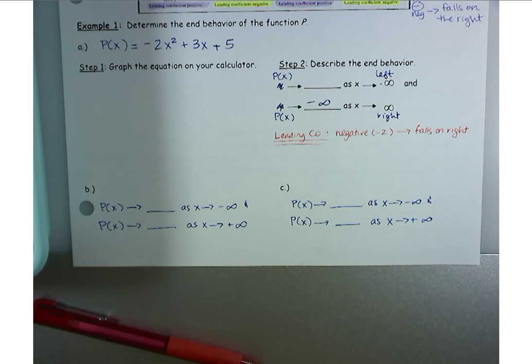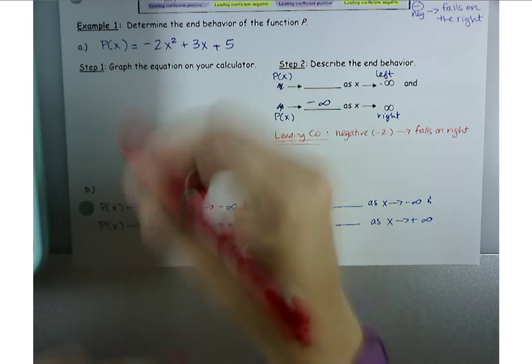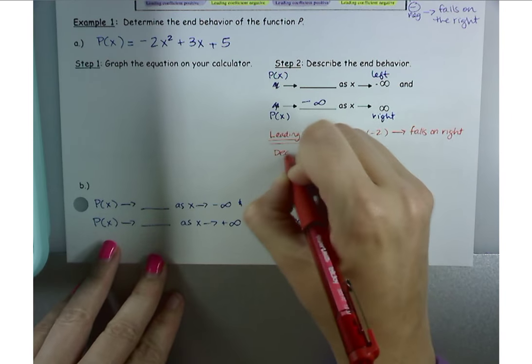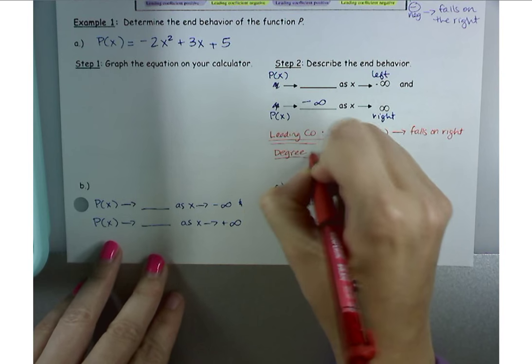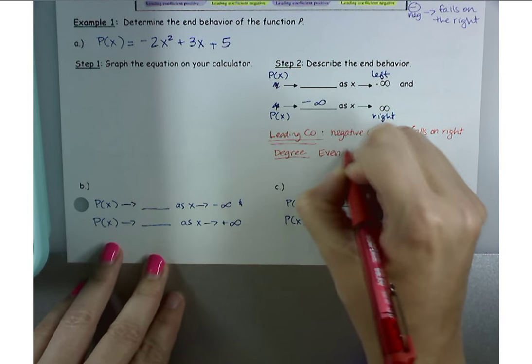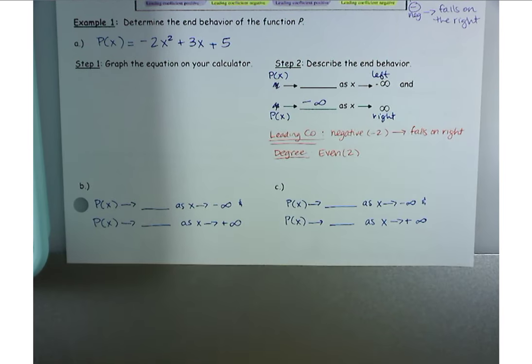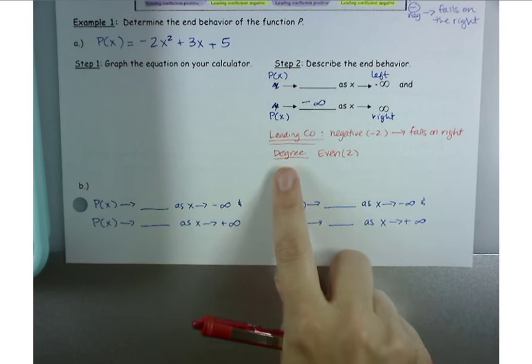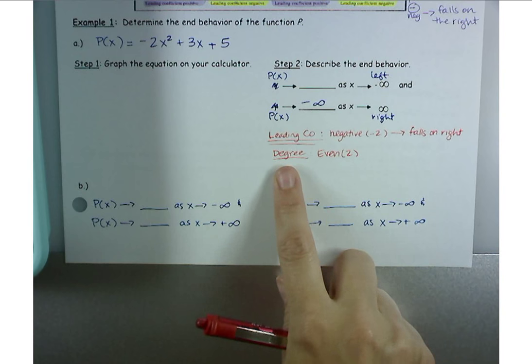Okay, so then the next thing I want to do, Cameron, what else should I find out? The degree. Yes, okay, so what is the degree for part A? Good. Okay, so your degree is even, so we know it's 2, and then we have to say, is that even or odd? So degree is even or odd, coefficient is positive or negative. Because is your degree ever going to be negative? No. Okay.